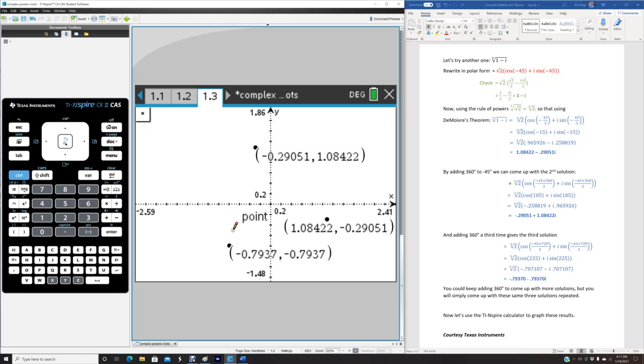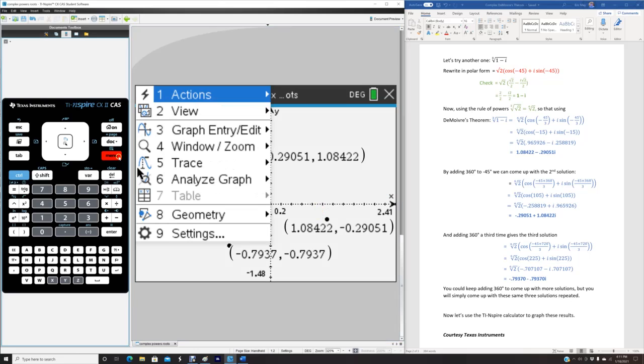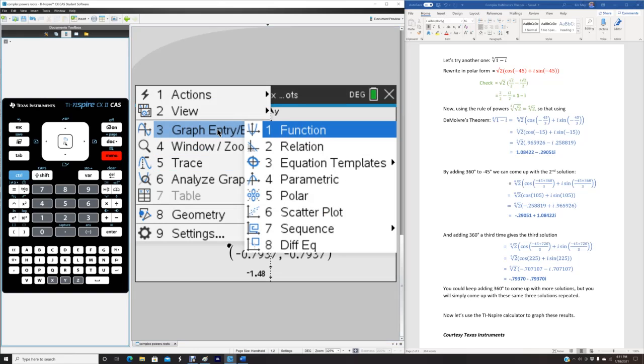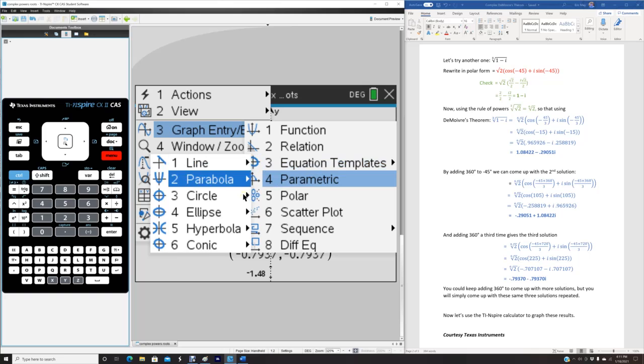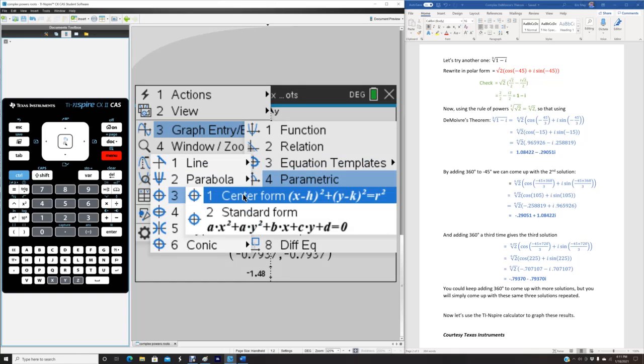What I'd like to do next is plot a circle and show that all three of these points lie on the sixth root of 2 circle. So go back over to Menu, Graph Entry Edit, Equation Templates, Circle. We're going to use the center form.